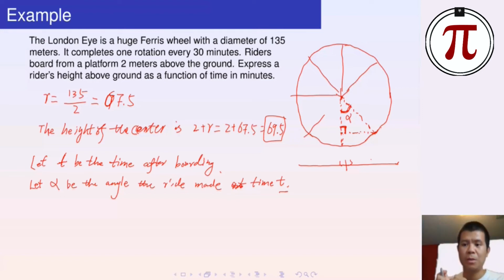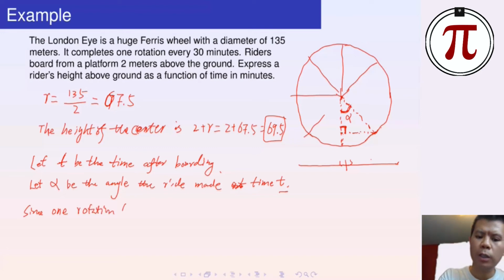In 1 minute, what is the angle it made? Since one rotation, the radian measure is 2 pi, and it takes 30 minutes.